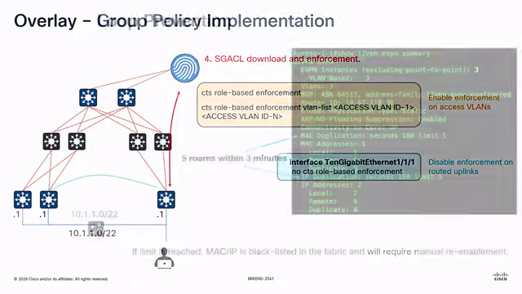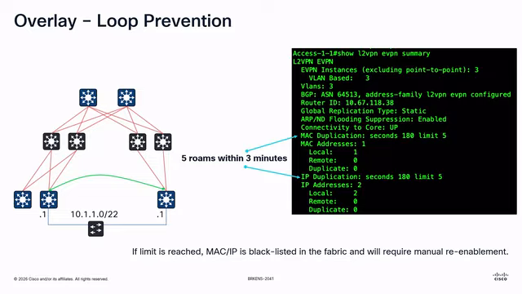The last step that I want to cover is this built-in limited loop prevention in the IOS XE EVPN implementation. The way that it works is that if the control plane detects a duplicate MAC address or IP address move between the VTEPs within a certain period of time, it considers it a loop.